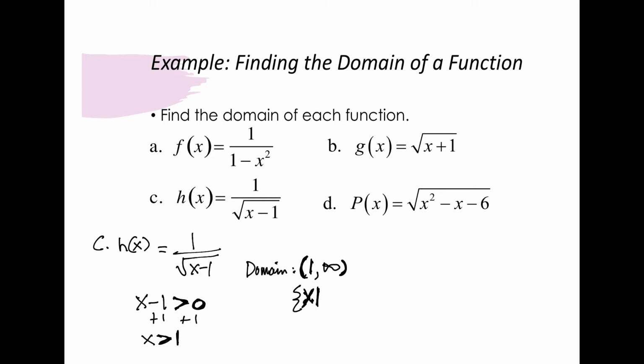In set builder notation here, we would say just x such that x is greater than 1. You want to be familiar with both of these notations. A lot of times we tend to stick with interval notation, but I want you to be familiar also with set builder notation, x such that, and then give a description of your domain.